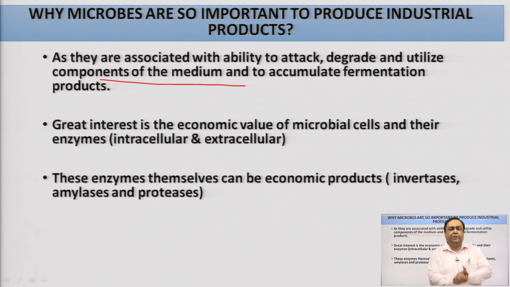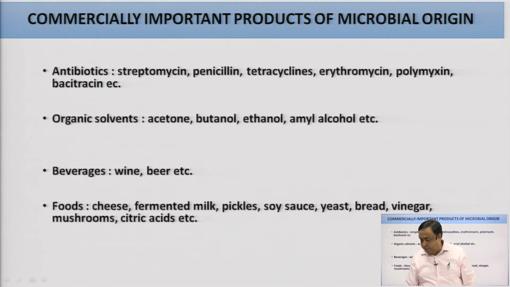The concept goes like this: the microorganisms have their own enzyme systems and they utilize these enzymes on the substrate, that is the media ingredients, very nicely, and they produce various enzymes of high economic value. These can be economic products like invertase, amylase and protease, which have a very wide application nowadays.